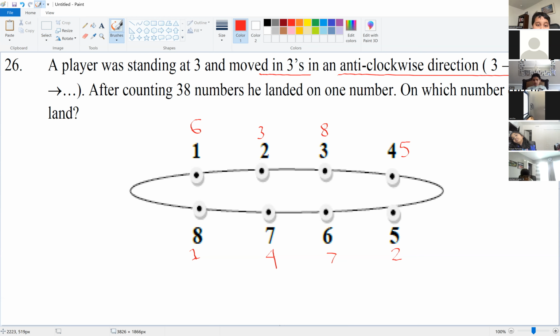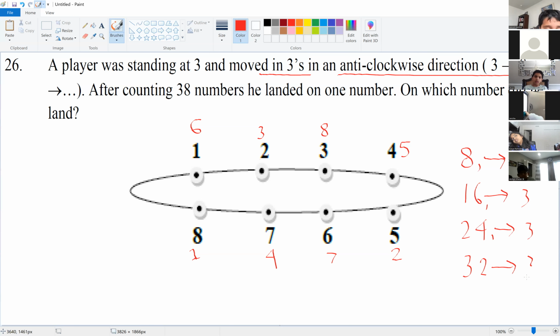Back to it. Oh, I understand. And then as you can see, after 8 numbers, he's back to 3. So that means 8th, then 16th, 24th, 32nd. Those will be all 3. Correct? Do you understand or no? Yes, I understand.